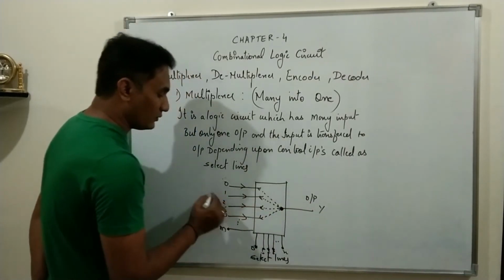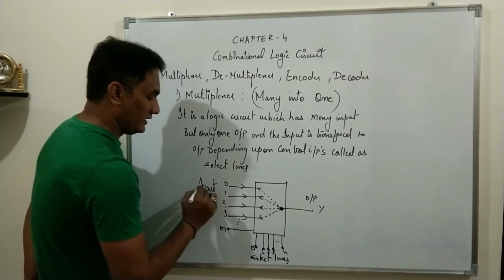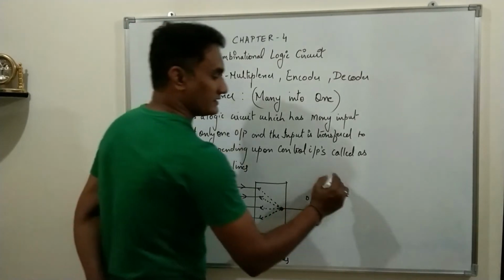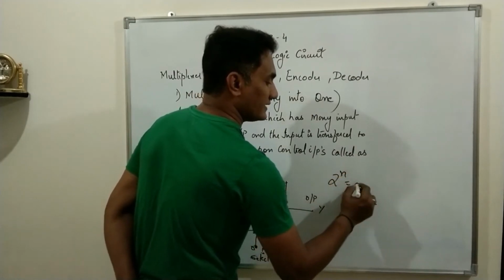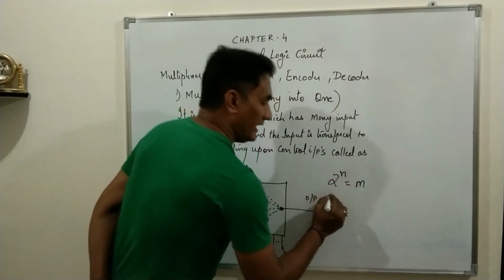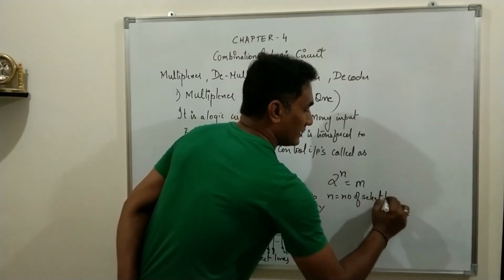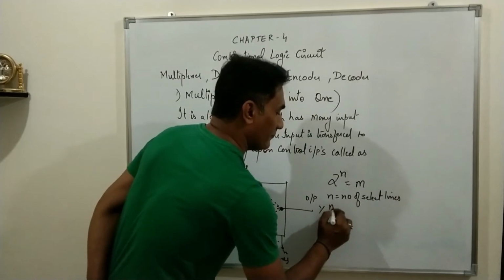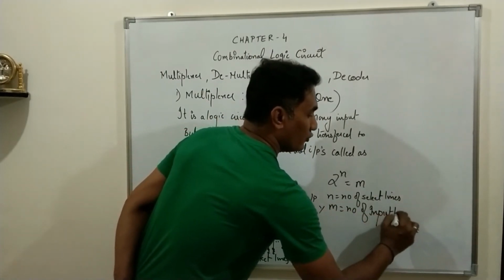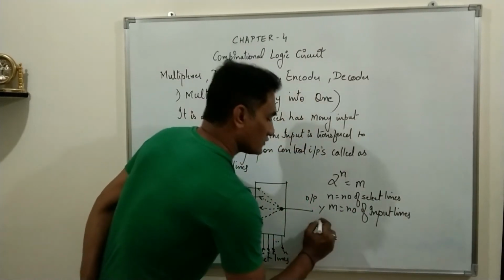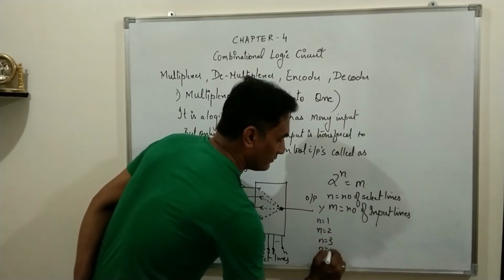The relationship between the input lines and the select lines is given by 2 raised to power n is equal to m, where n is the number of select lines and m is the number of input lines.